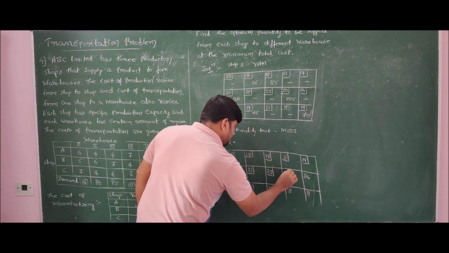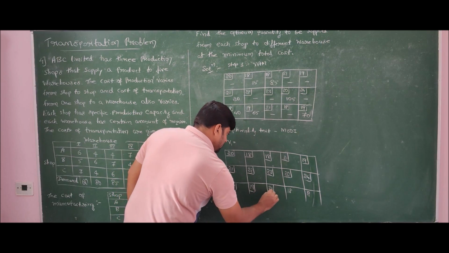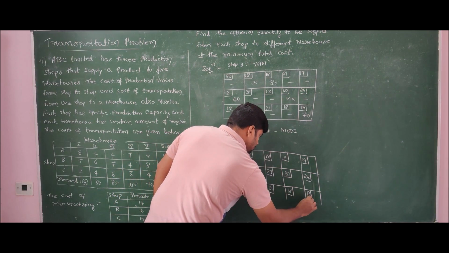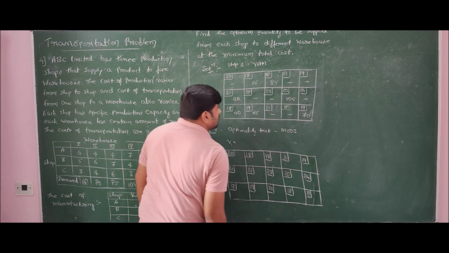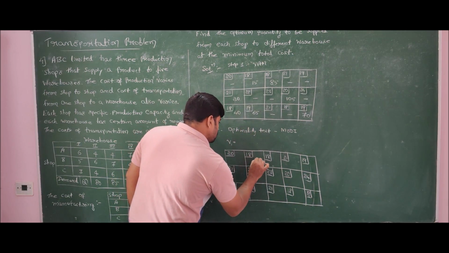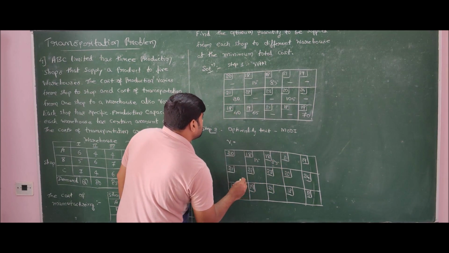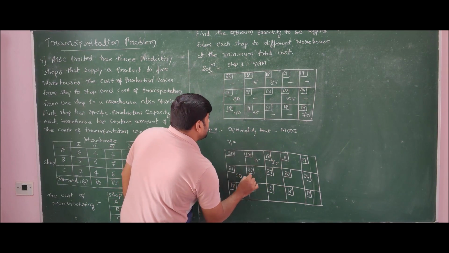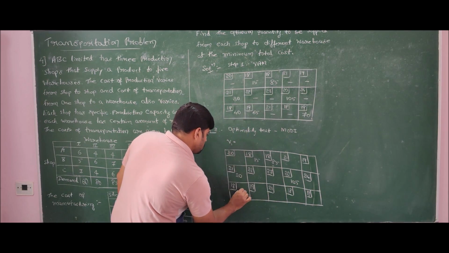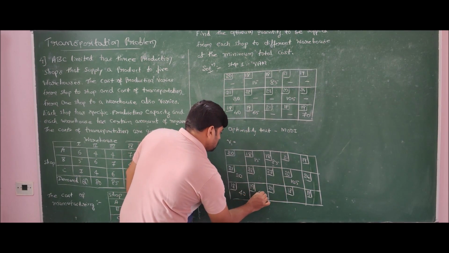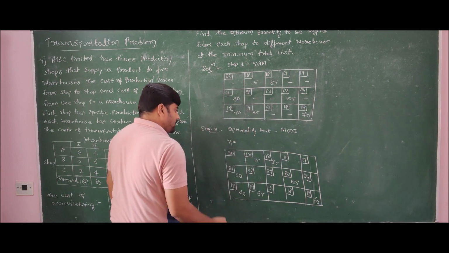Costs 21, 22, 23, 20, 24, 18, 19, 21, 18, 19, right? And we have the allocations of 15, 85, 20, 105, 40, 65 and 70.